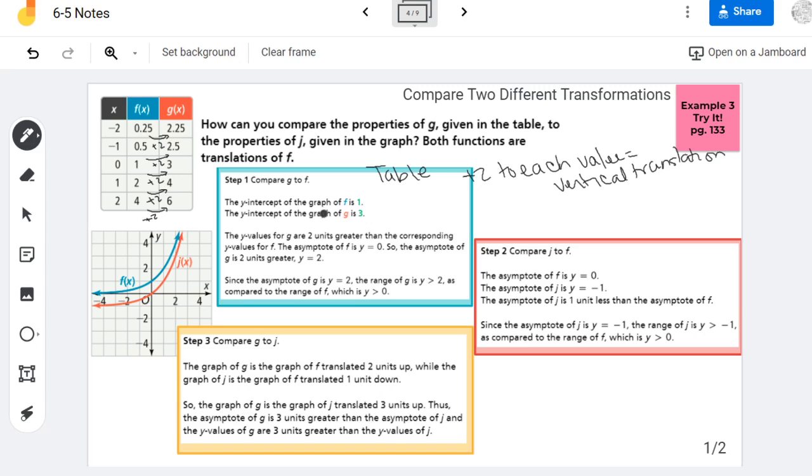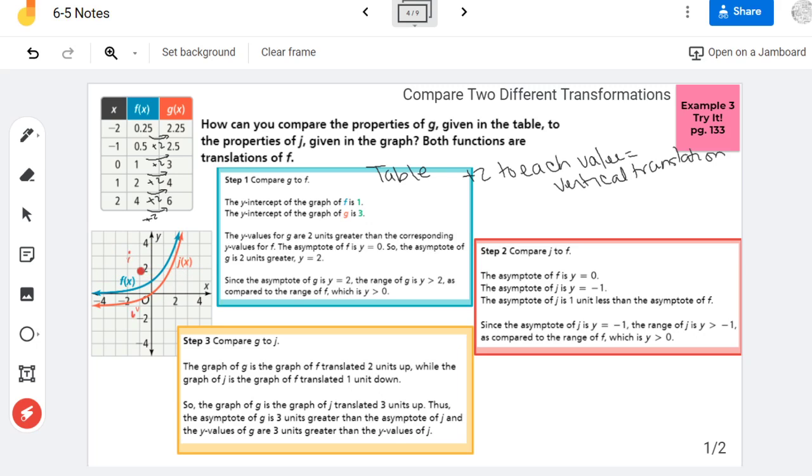Which Savvas doesn't really say that. All that they do is they mention the asymptote. Now remember, these graphs have asymptotes, right? They're horizontal and they go like this. And so if we have a vertical translation of 2 units, that means that our asymptote has been moved up by 2.